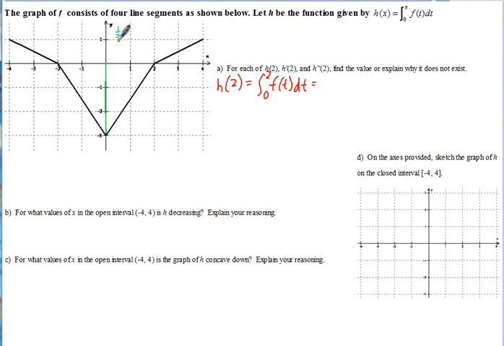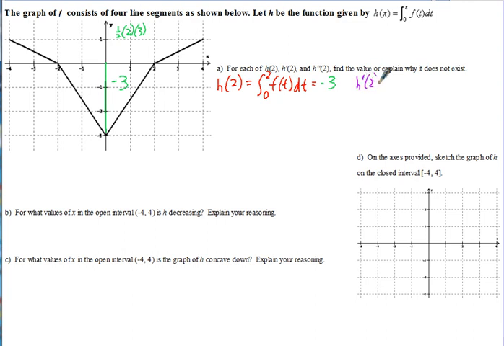So that's 1/2, the base is 2, and the height is 3. The 2's reduce out, so you just get 3, but it's below the x-axis, so it's negative.